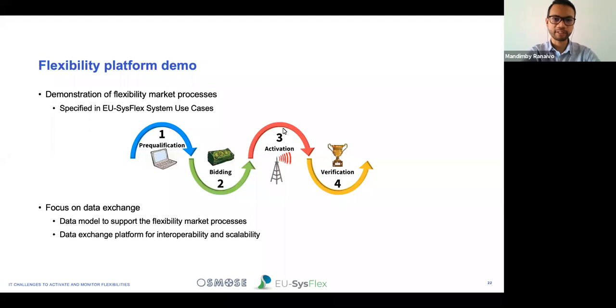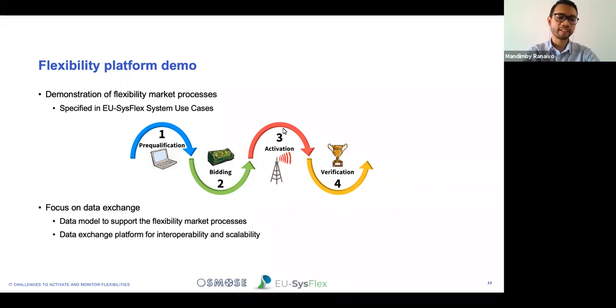They are about pre-qualification, the bidding, the activation of the flexibilities, and also the verification of the activated flexibilities. Very important to note is that we focused on the data exchange that supports the processes cited earlier.